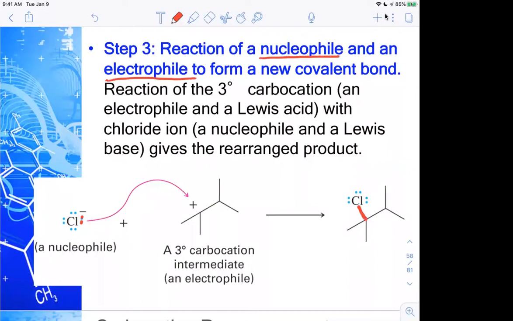In fact, if they can form a more stable carbocation, they will. So this is a trick that you have to learn when you're predicting products and drawing mechanisms: if you get a carbocation, is this carbocation one that can rearrange? Or is this carbocation the more stable form, and I can't form anything more stable, and it reacts as is?